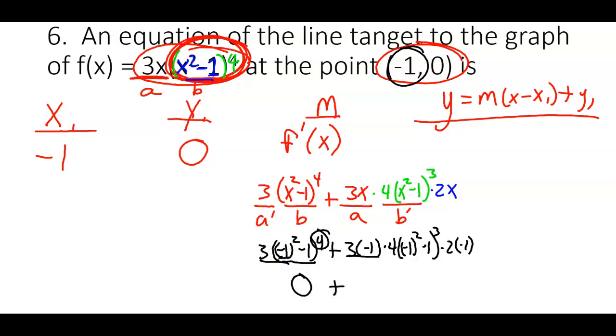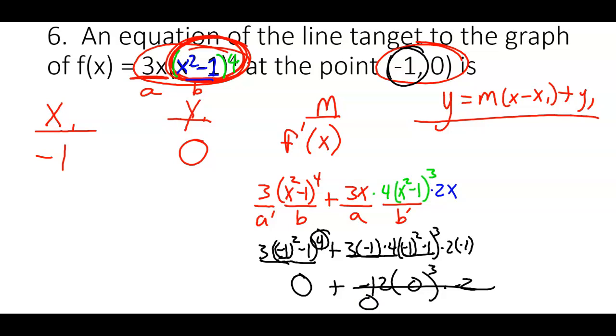Plus, this is negative 3 times 4, which is negative 12. And once again, we have another 0 here, and then a negative 2, and that just becomes 0 also. So on mine, the whole thing comes out to be 0, and that's my slope.